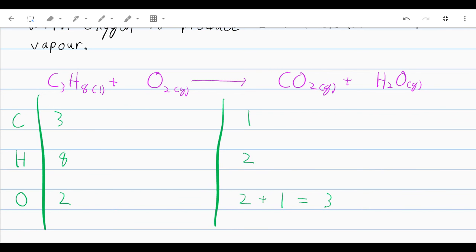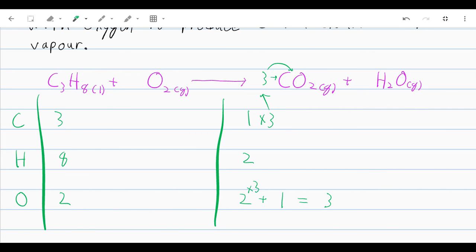I have 3 carbons in the reactants. I need 3 carbons in the product, so I'm going to multiply it by 3. Whatever I do below, I have to do above. And whatever I do to the carbon, I also have to do to the oxygen. This is going to look a little bit different though, because this time I'm taking the 2 oxygens and multiplying it by 3.